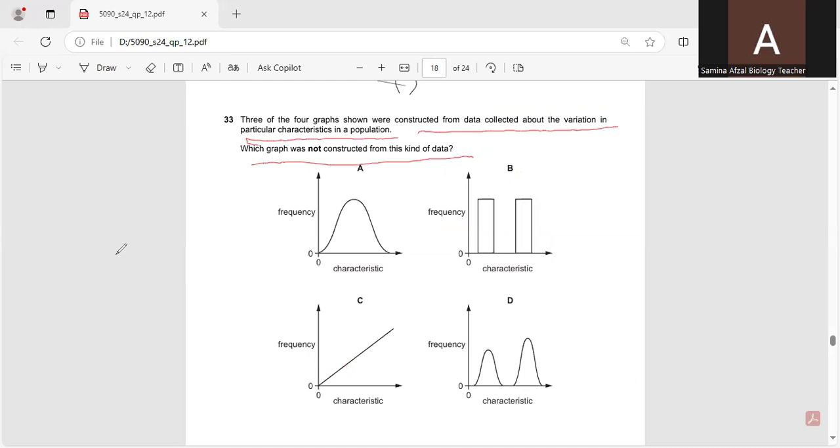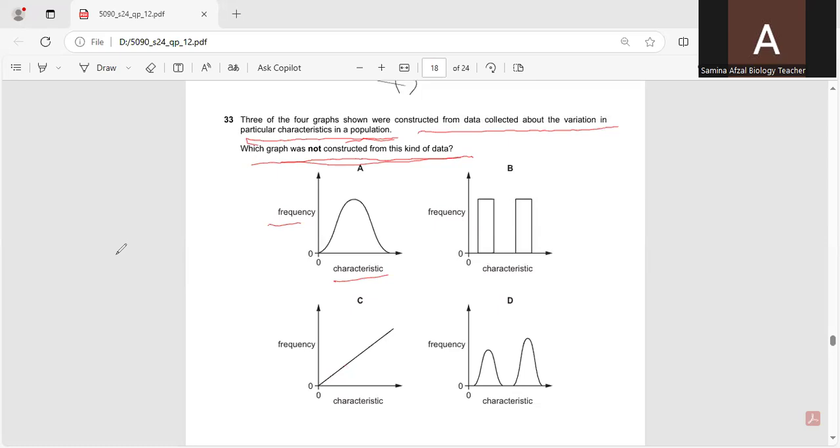In this, you can see the frequency and characteristics. So in which graph was the data not about the variation in particular characteristics in a population?